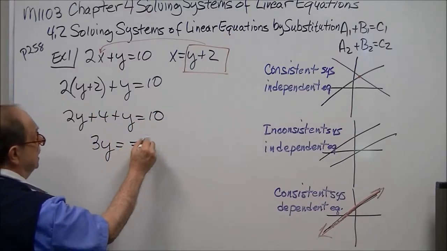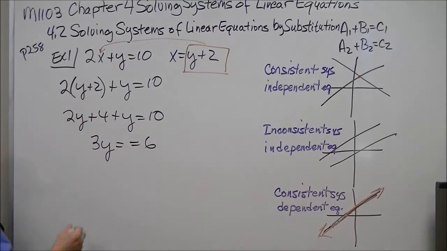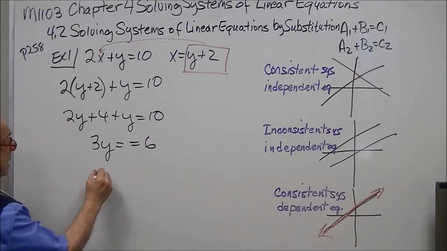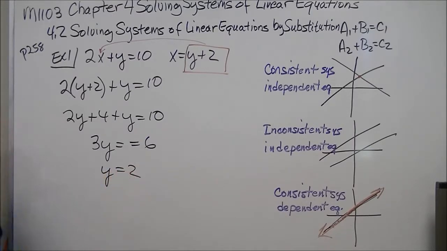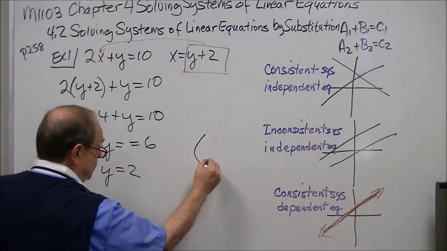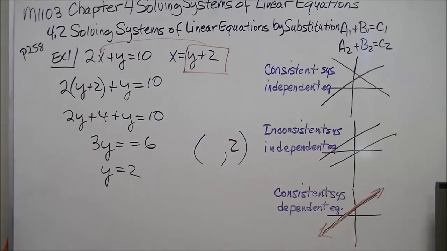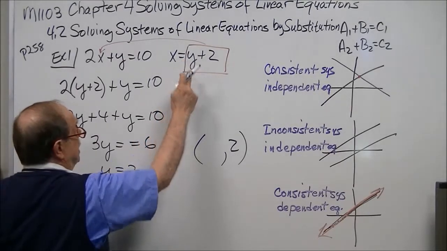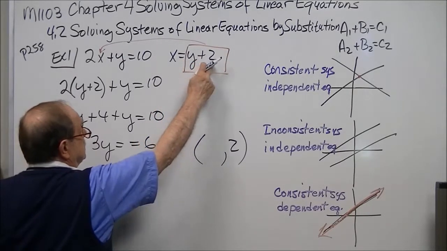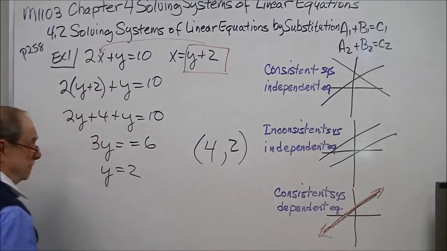Transpose the 4, equals 6. Divide both sides by 3, I get y equals 2. I now have one of my ordered pairs. So if y equals 2, I take the 2 and put it right there. 2 plus 2 is 4.